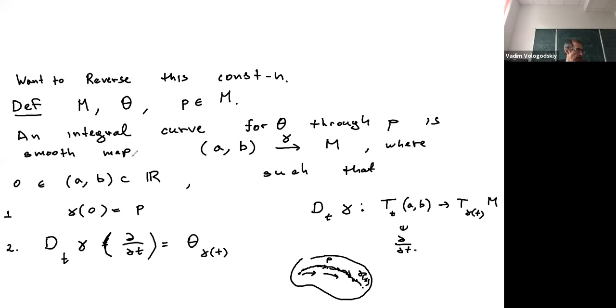So let me maybe rewrite these two conditions in coordinates to make the relation with ordinary differential equations clear. So let's take for M R^n. Well, then any vector field can be written as F1 d over dx1 plus ... plus Fn d over dxn.